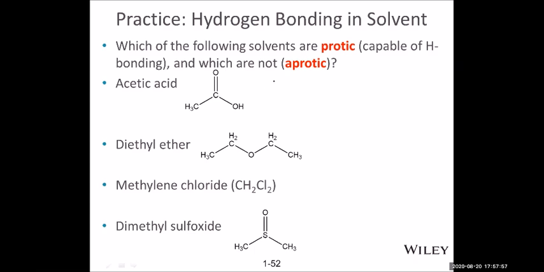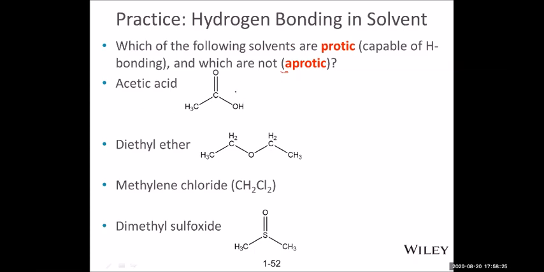So the question asks, which of the following solvents are protic, which means the hydrogen is capable of forming hydrogen bonding. Aprotic, a means not protic, so in such an organic solvent, the hydrogen is not polar or positively charged enough to form hydrogen bonding.